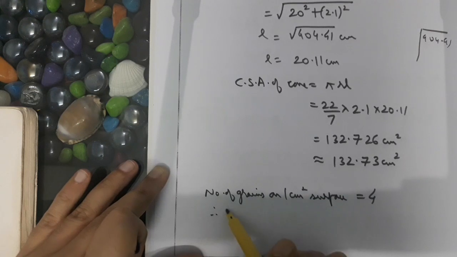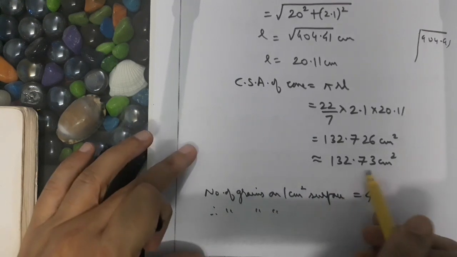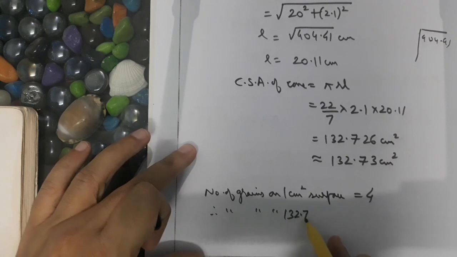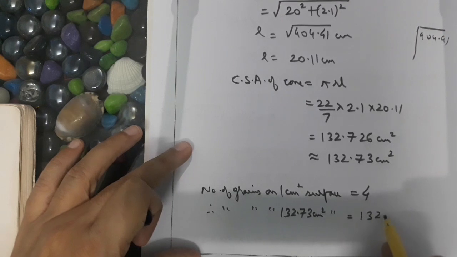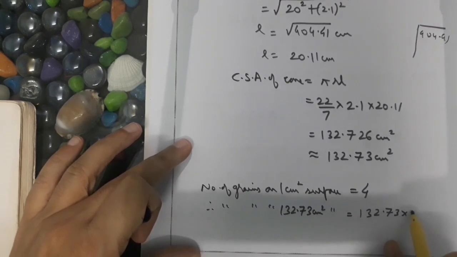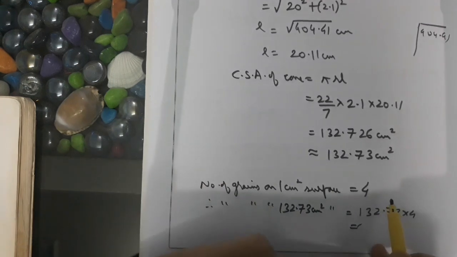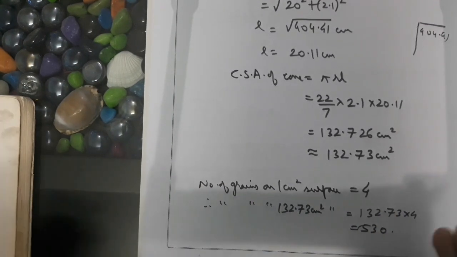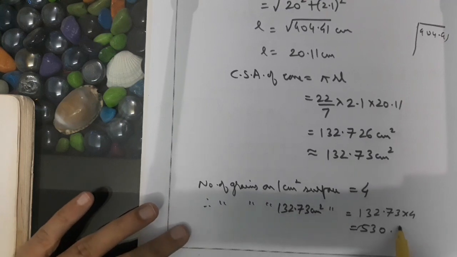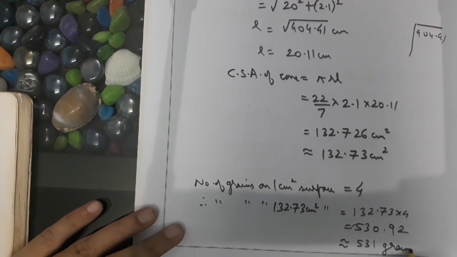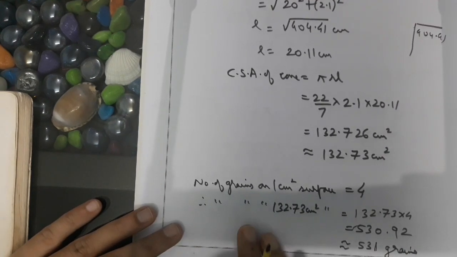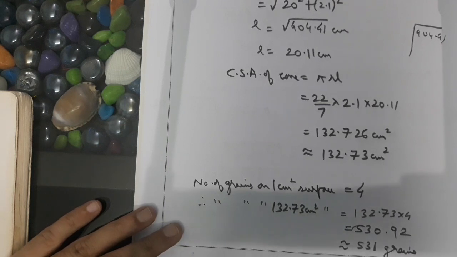So therefore number of grains on 132.73 centimeter square surface would be 132.73 multiplied by 4, which on solving gives us 530.92. This is the number of grains, but the number of grains can definitely not be in decimals. So we can round it off up to 531 grains. So this is the final answer, that the cob has on an average 531 grains.